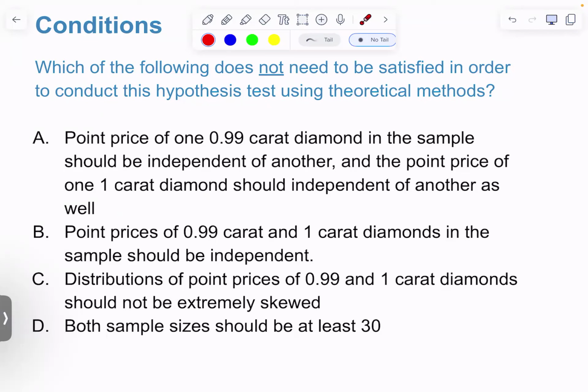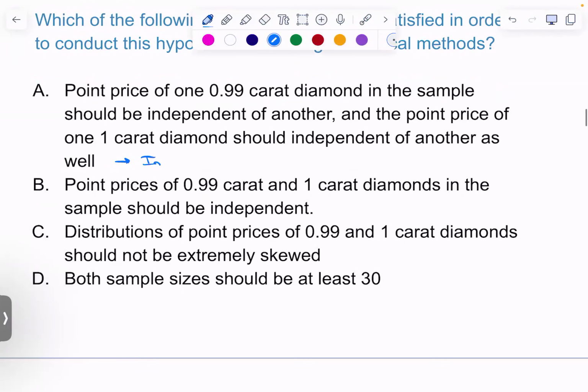So this I would translate to, we need independence within each sample, and that's true. So that's not that one.